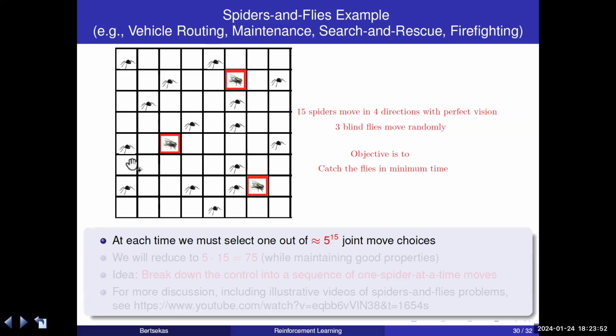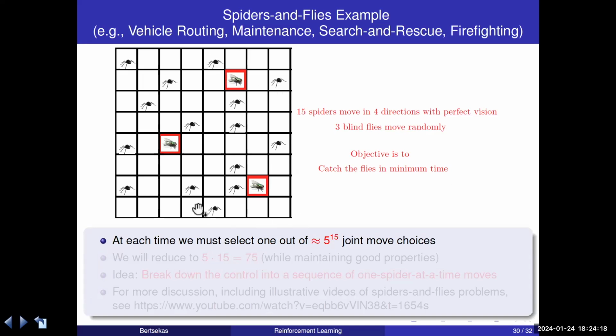They know where the flies are, and they also know where the other spiders are. And the flies, on the other hand, are blind. So they just move around and, okay, so they're passive. And the objective is to find a strategy for the spiders so that they catch the flies in minimum expected time.